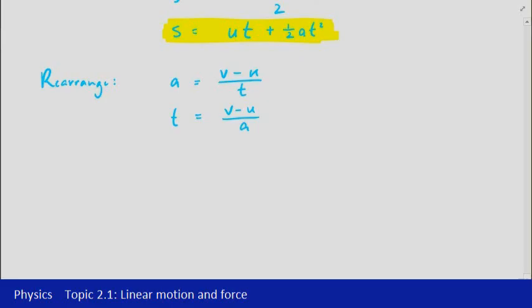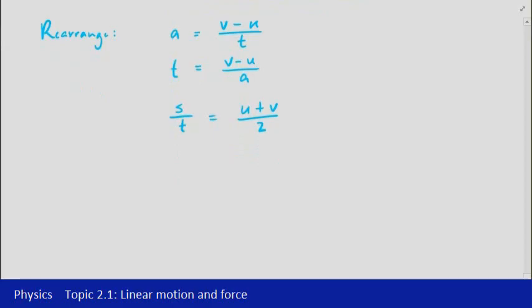And we're now going to go back again to an earlier expression that we saw, s on t, so average velocity, is equal to u plus v on 2, and we're going to substitute our time into that equation. Now before we do, let's actually cross multiply. We'll just make it a little bit easier to work with. So multiply the 2 up across this side, the t up across that side. We end up with 2s is equal to u plus v multiplied by t.